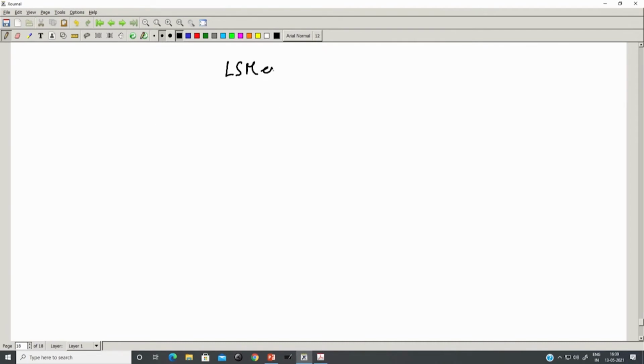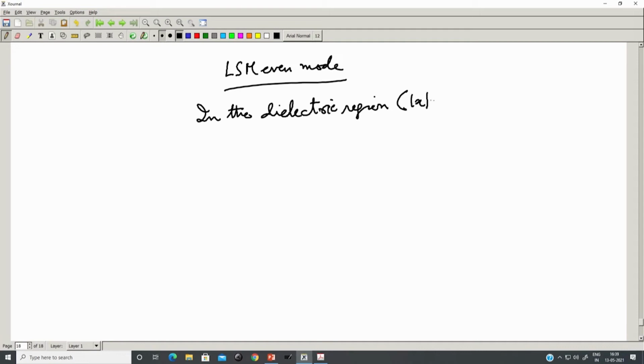So, for the LSM even mode, in the dielectric region, which is mod x less than or equal to b by 2, we have E x equal to A d E k 0 square epsilon r minus q m e square.